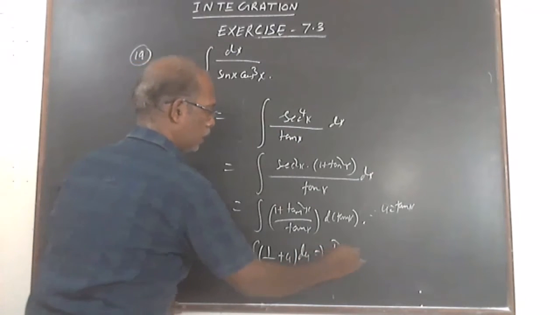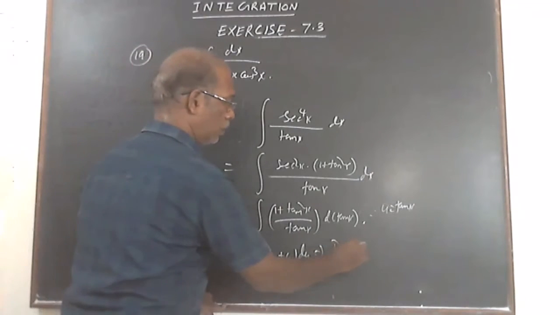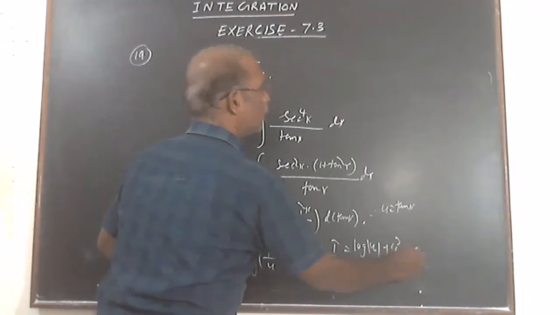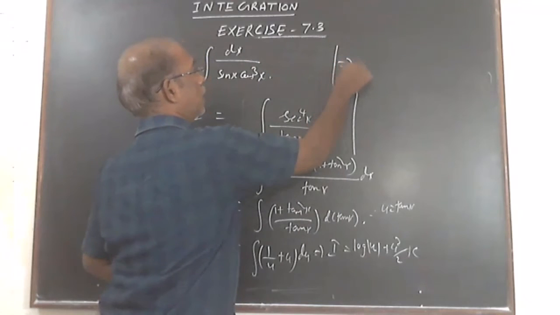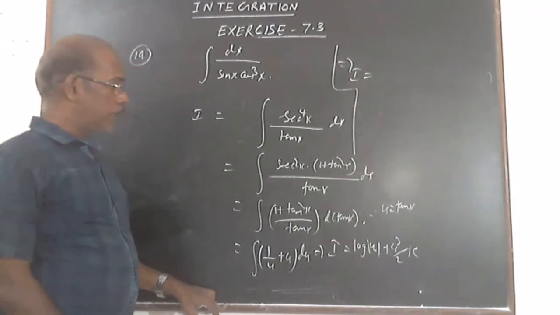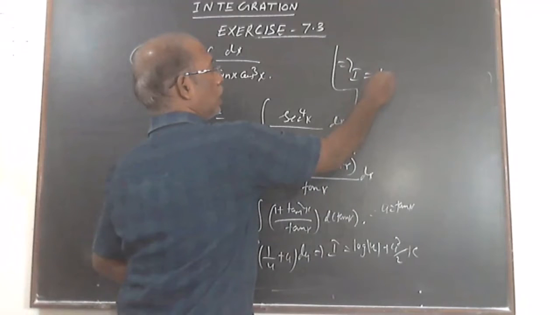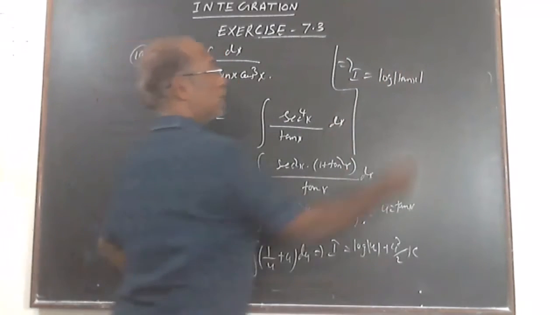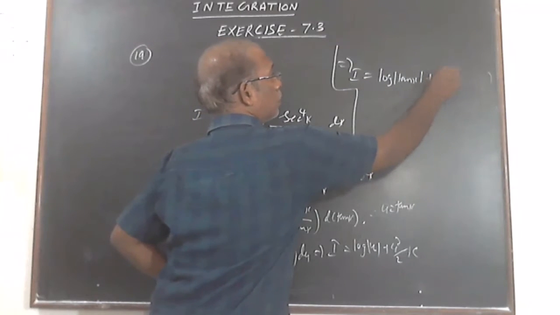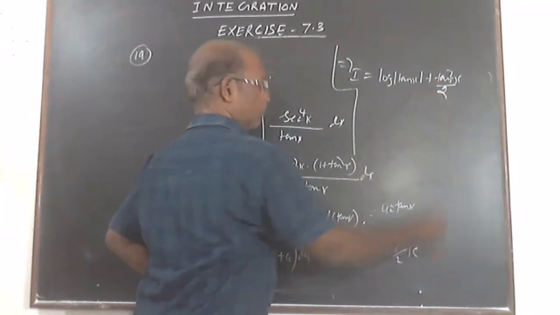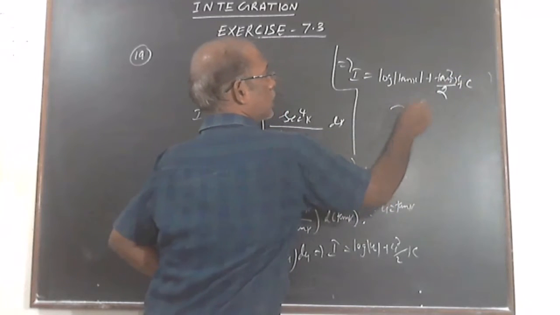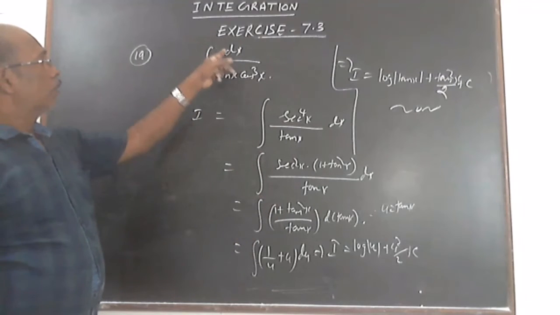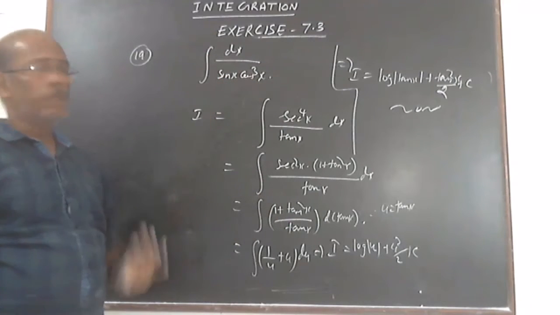This implies I equals the integral of 1 by u, log mod u, plus u square by 2 with the integral constant. Final answer: I equals, with u replaced by tan x, log mod of tan x plus tan square x by 2, with the integral constant. So this is the final answer, the integrated value of dx by sin x into cos cube x. Copy it.